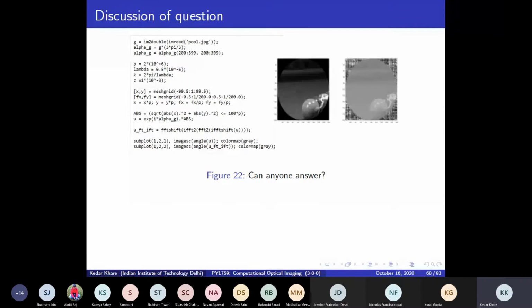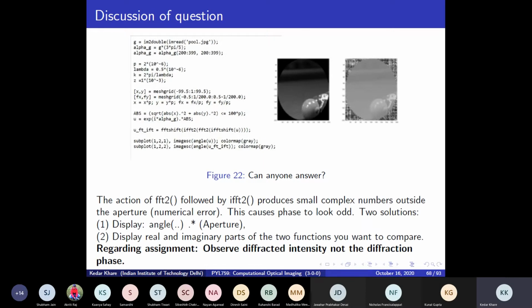Now this happens because, so anybody who has any idea, or else I will tell the answer. If not, then here is the answer. When you apply FFT2 and IFFT2 on a computer, in the region outside this mask there is supposed to be zeros, but it will have very, very small complex numbers there. Their magnitude may be very small compared to all other numbers in your image.